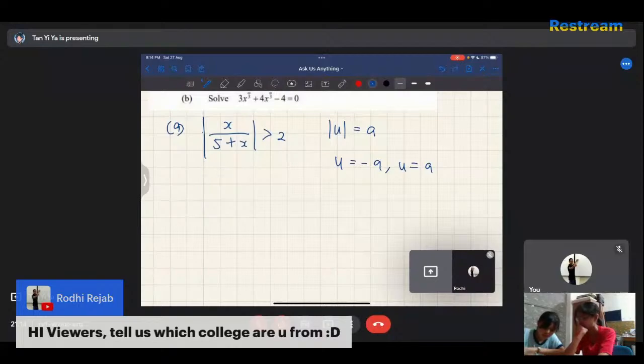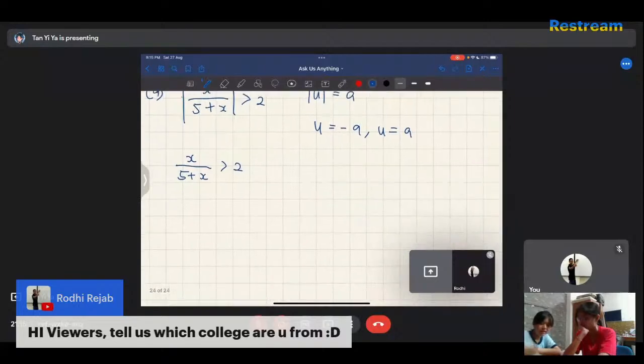So first of all, when we see a question like this, we should copy down the left hand side first, and then it is greater than 2. For the other case, u equals negative a, we should copy down the left hand side as well.